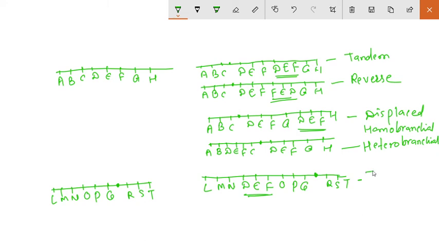So it is interstitial. It is interstitial transposed duplication.